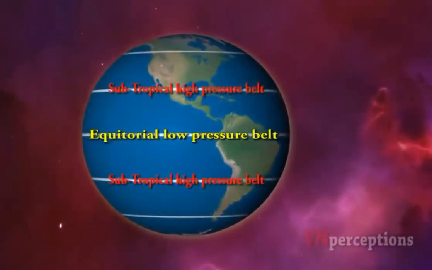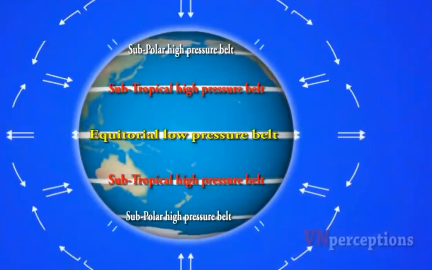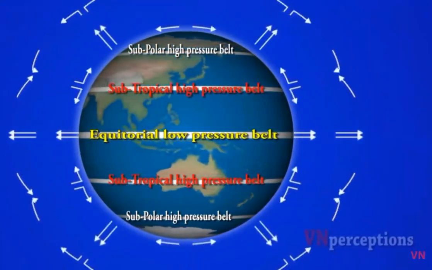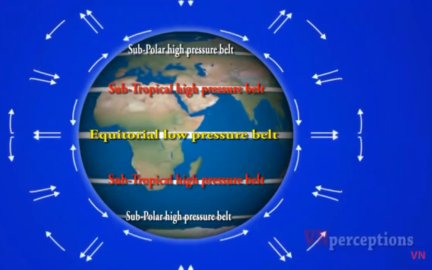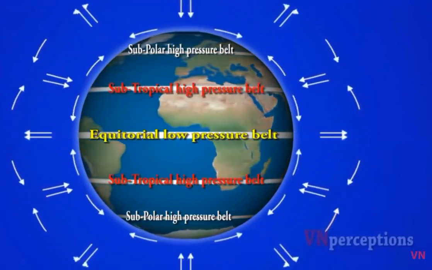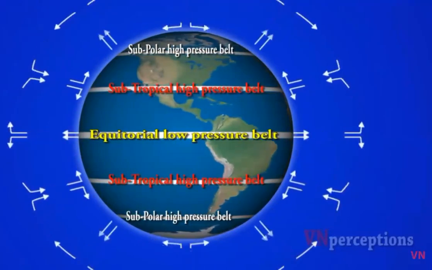We shall learn about the various pressure belts through these images, developed on the planet Earth. While understanding the basic concepts behind the development of pressure belts, we will not take into consideration the tilt of the axis and the influence of the land-water distribution.